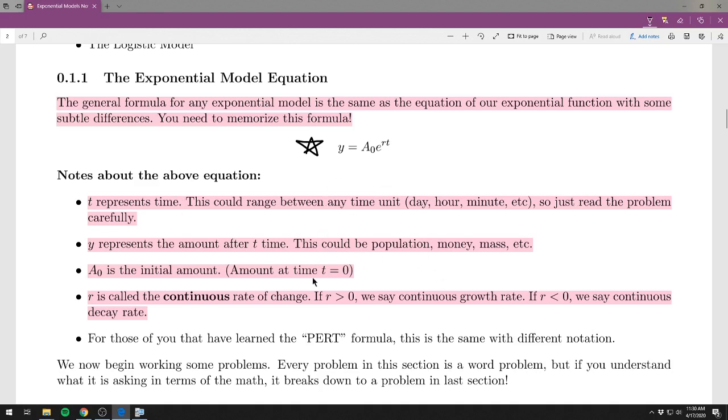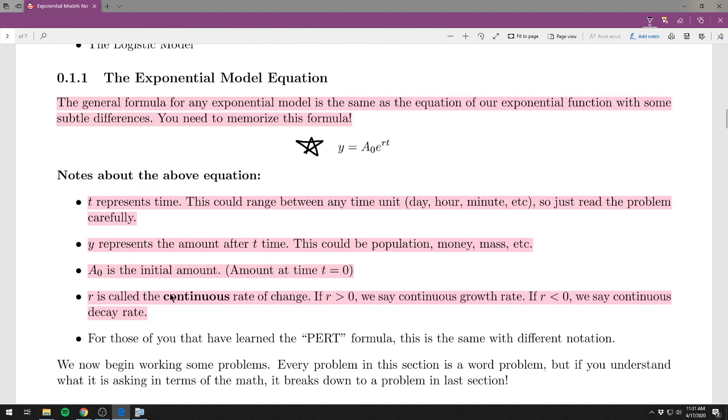And this could be a lot of things, like I have written here. That's why I like to use y instead of something specific. It could be representing population, it could be representing money, it could be representing mass of something, which we'll see quite a bit in the half-life section.